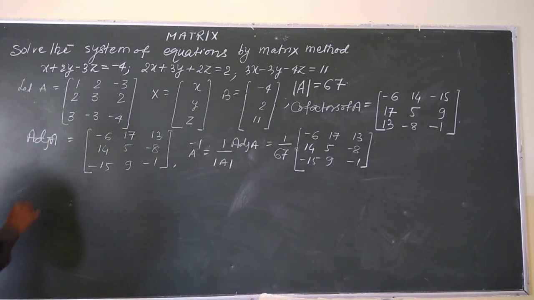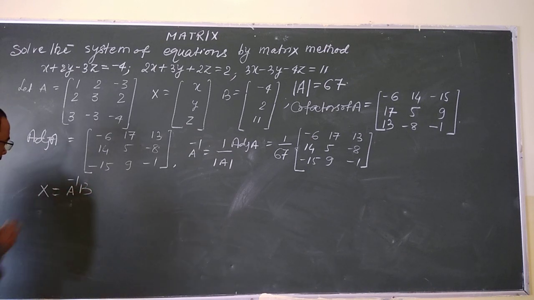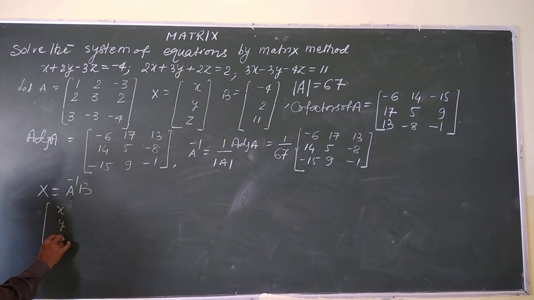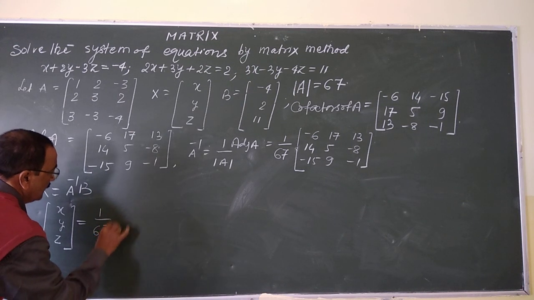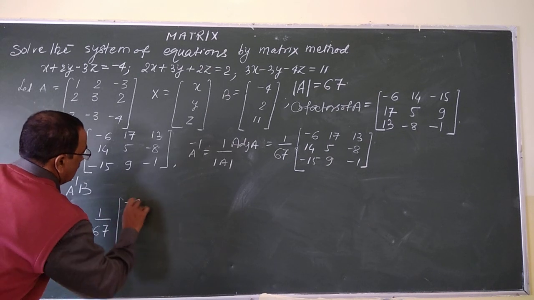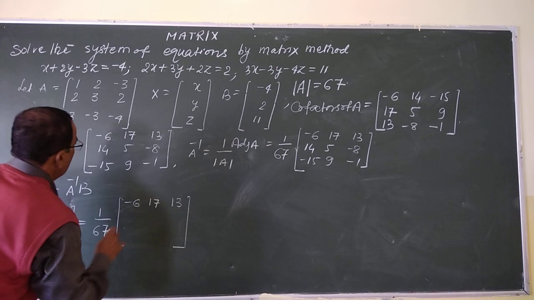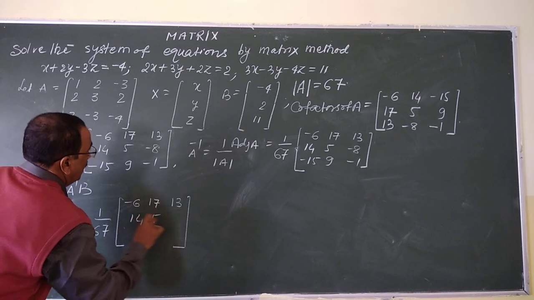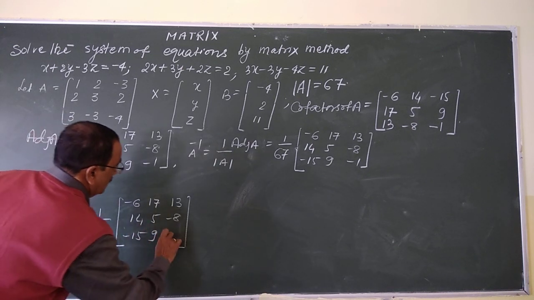By our matrix method, X is equal to A inverse B. So X is the matrix X, Y, Z. A inverse is 1 upon 67 into minus 6, 17, 13, 14, 5, minus 8, minus 15, 9, minus 1.